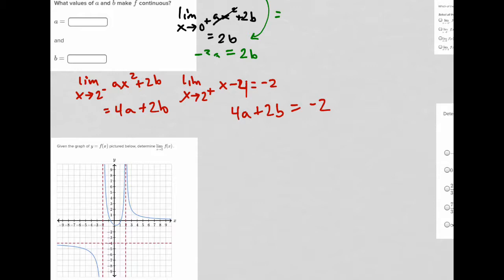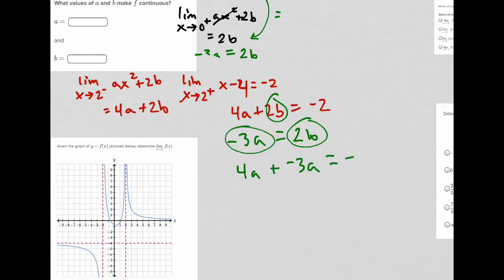All right, then what? It's just a system of equations. These two equations both equal 2b. I'm just going to use substitution. 2b and 2b. So, 4a plus negative 3a, because that's what this is, equals negative 2.